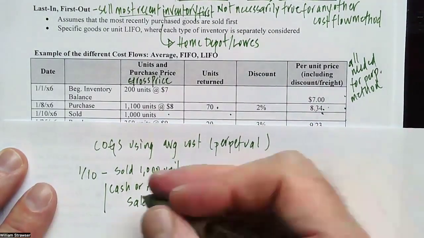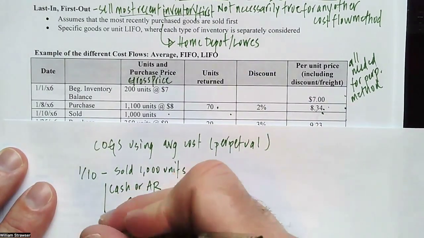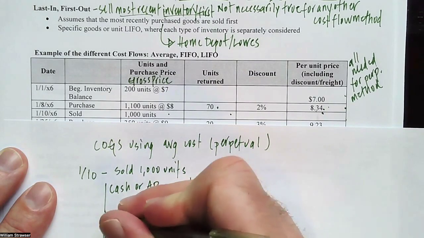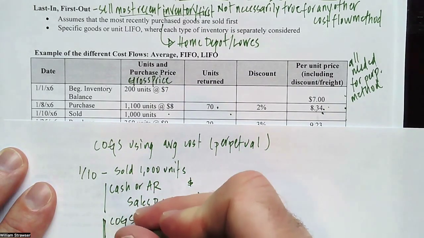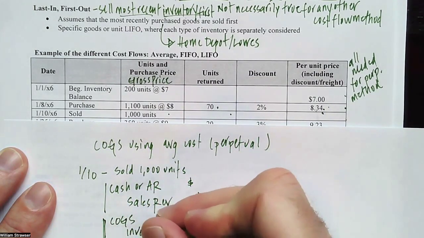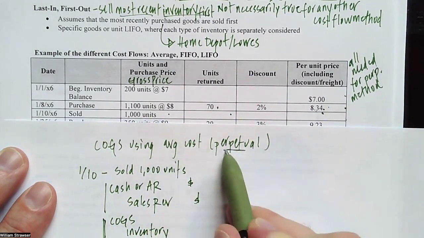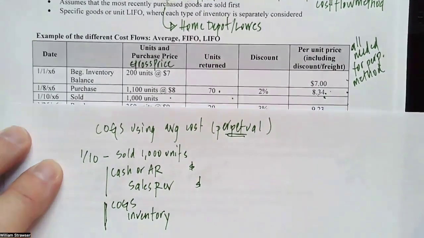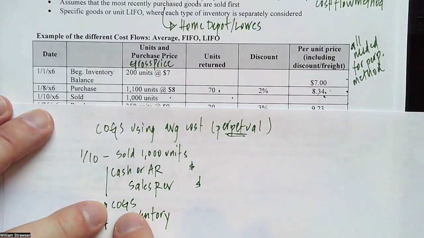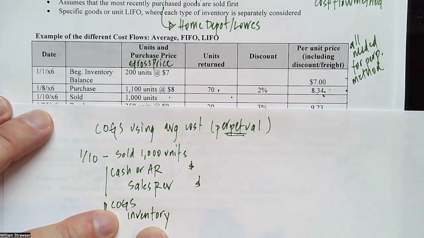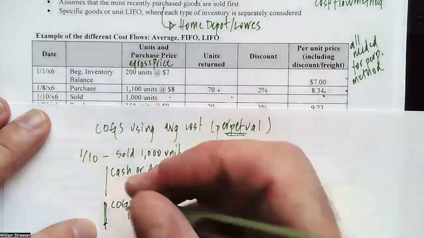But what I want to focus on now, of course, is the cost of goods sold entry that we match to that sale. And we're matching it on the day of the sale because, once again, we're using the perpetual method. So anytime we make a sale, we determine, well, what was the cost of what we sold and how much should I reduce my inventory because I just made that sale?